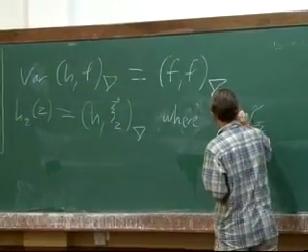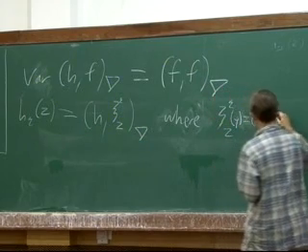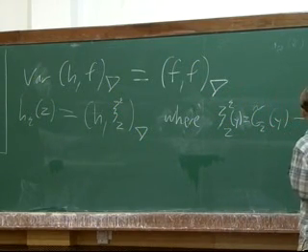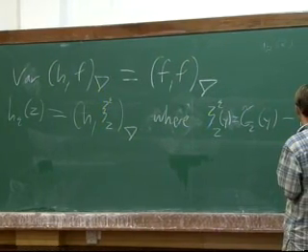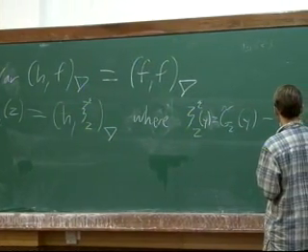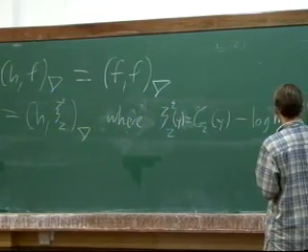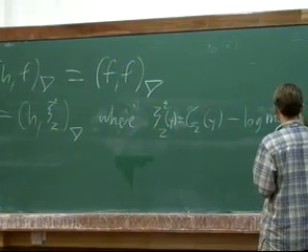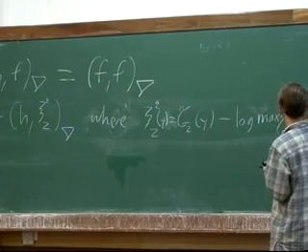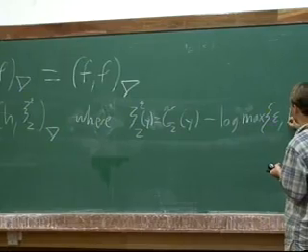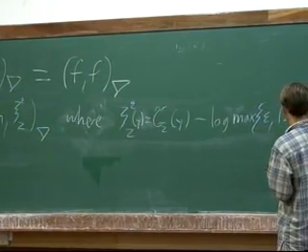If I evaluate this at a point y, this is equal to g tilde sub z of y minus the log of the maximum of epsilon and |z minus y|.